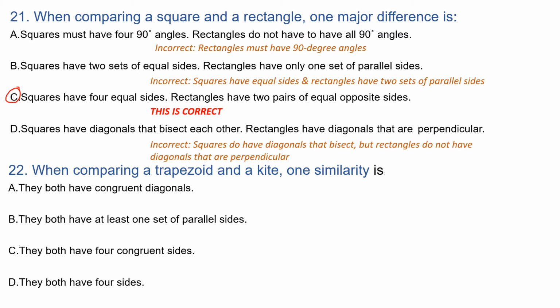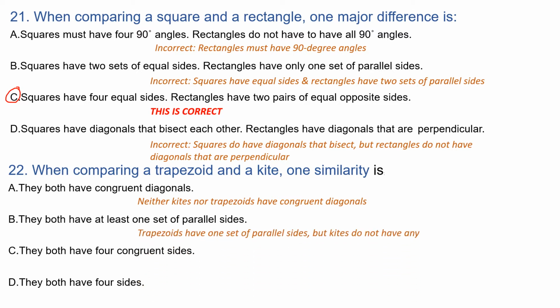It says when comparing a trapezoid and a kite, one similarity is: A, they both have congruent diagonals. Well, neither kites nor trapezoids have congruent diagonals, so that is not true. Part B, they both have at least one set of parallel sides. Well, trapezoids do have one set of parallel sides, but kites do not have any parallel sides.